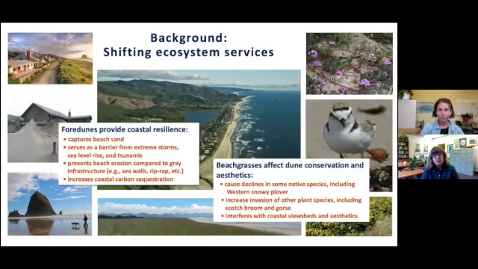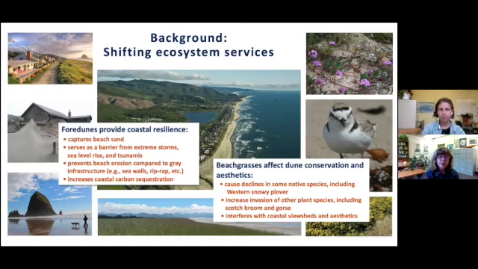And so with that introduction, there's been shifting ecosystem services. We know that foredunes can provide a lot of coastal resilience in terms of capturing beach sand, serving as barriers for extreme storm events or sea level rise or tsunamis. They can also prevent beach erosion compared to, for example, gray infrastructure, so seawalls or riprap or those sorts of engineered structures.